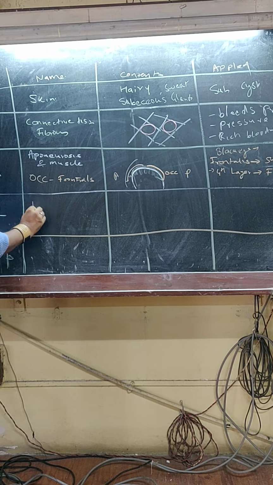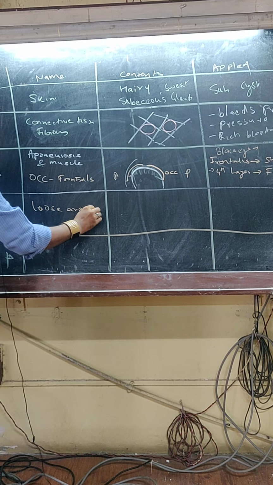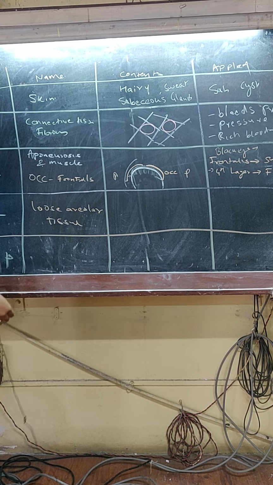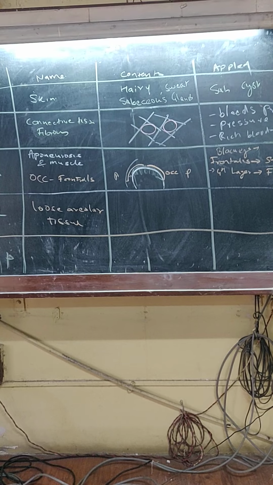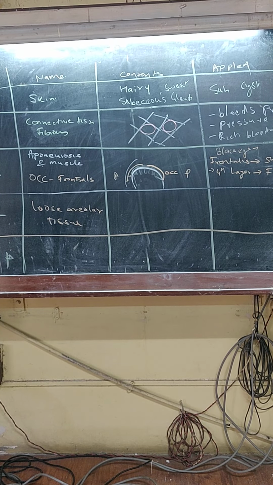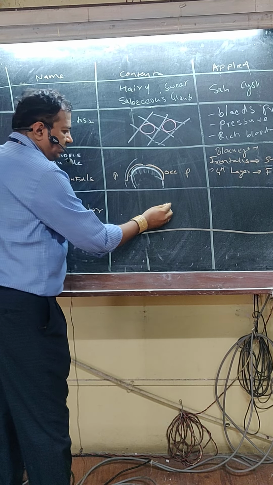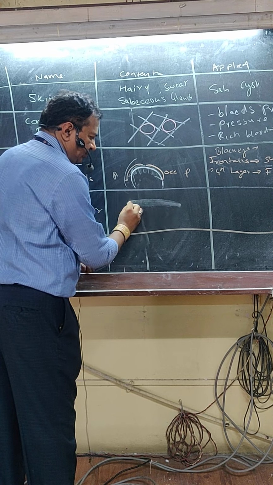The fourth layer is loose areolar tissue. Suppose this is this layer, loose areolar tissue, the fourth layer.